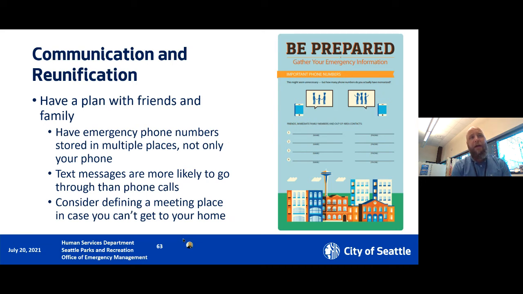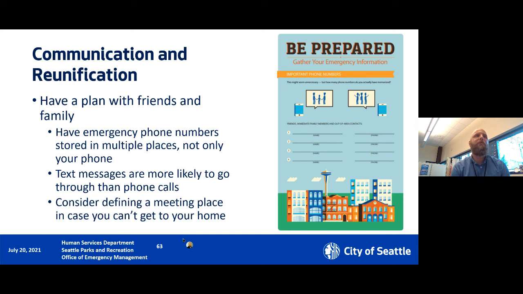But things to think about: have emergency phone numbers stored in multiple places, not only your phone. So you can use a template like this to write those down. We could be in a situation where you have access to a phone and it's just not your phone. Maybe your phone isn't charged, maybe there's no electricity and you can't charge it. So only having numbers in your phone could be problematic.